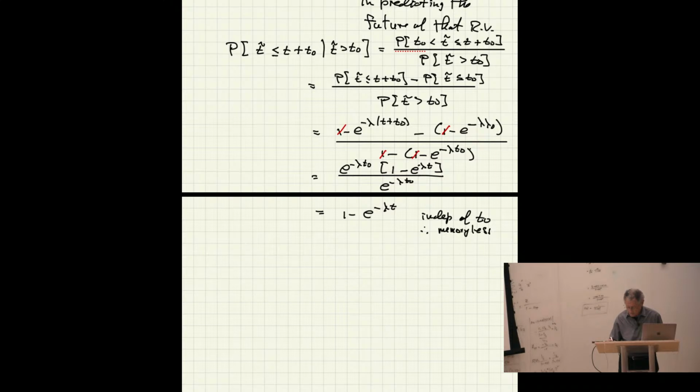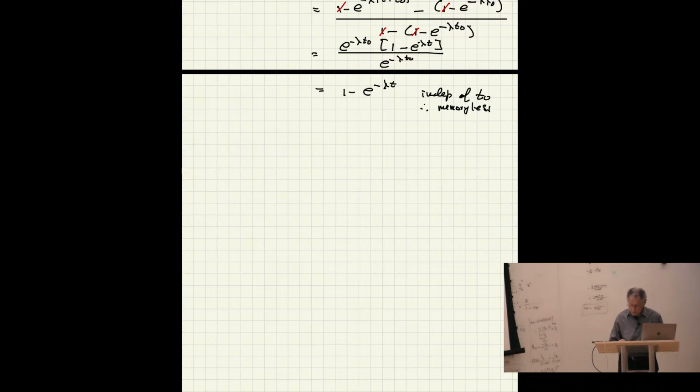And now I've got an interesting triplet. I've got Poisson arrivals, one idea. I've got constant birth rate from which it came. And I've got exponential interarrival times.